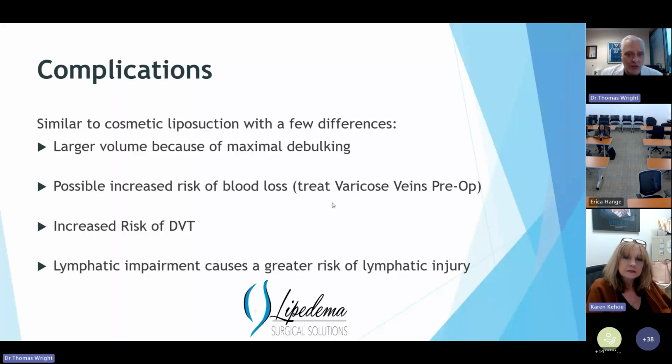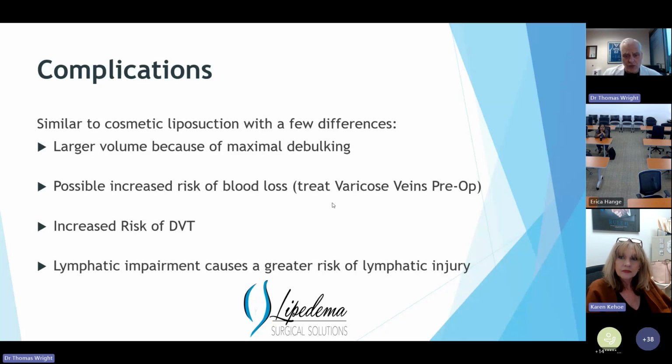So complications. The complications are similar to those with liposuction, but there are a few differences. It's a larger volume because we're focusing on maximal debulking. It's a longer surgery. So there is an increased risk of blood loss, especially in those with large varicose veins. And so we do recommend treating varicose veins prior to any large volume surgery.